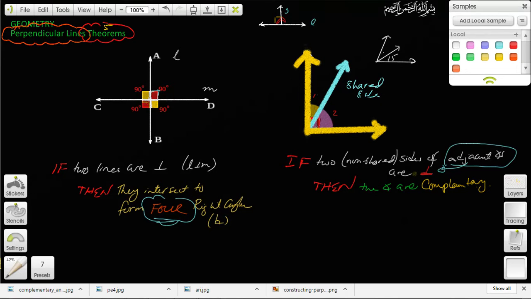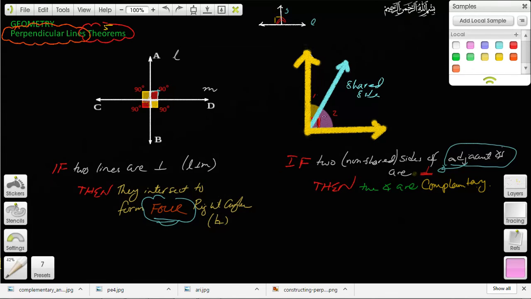I can make them 15 and 20. Then they're not perpendicular, so they're not going to be complementary. But if you were told that the non-shared sides are perpendicular, more like this, then they're complementary, and that's reasonable enough, right?